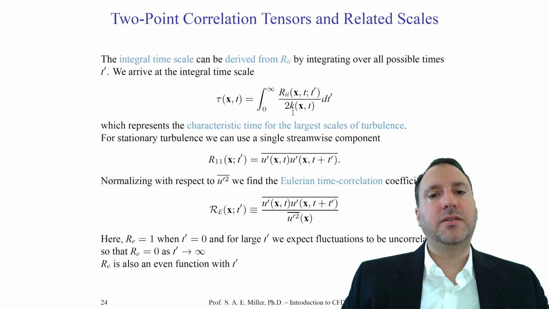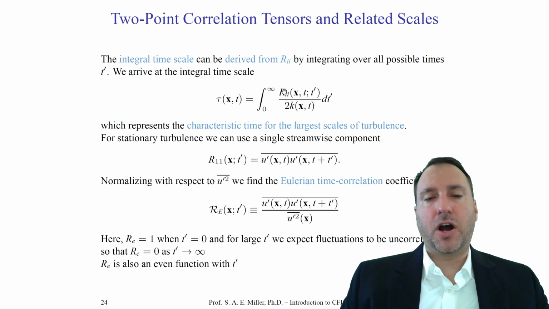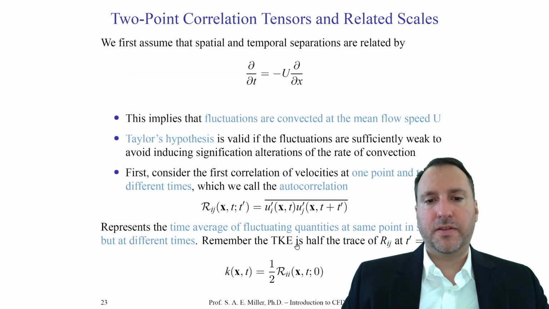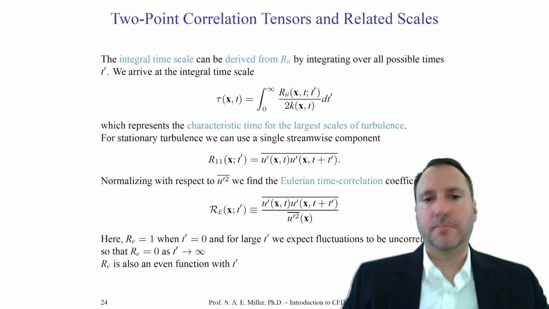Remember, K, turbulent kinetic energy, has the units of meters squared per second squared. What should the units of the autocorrelation of the velocity terms be? Think about that. Remember, this is essentially written as an integral. It should have the same units, of course, because we're integrating with time. That would multiply through the units of time, and so we'd recover this. So the integrand is non-dimensional.